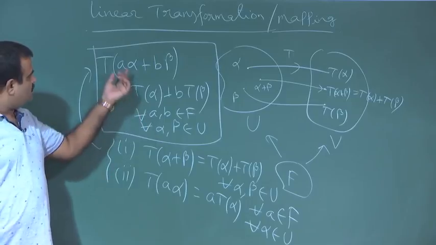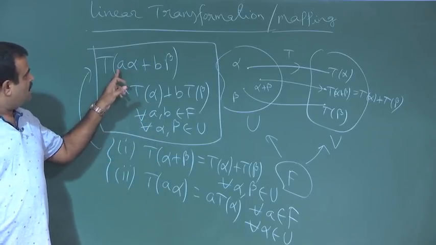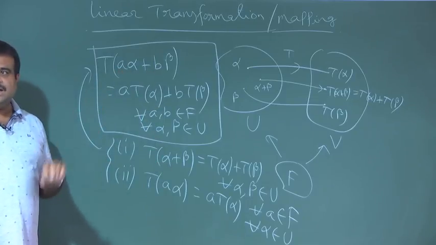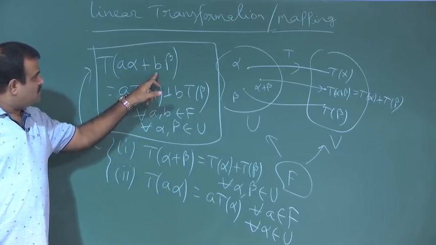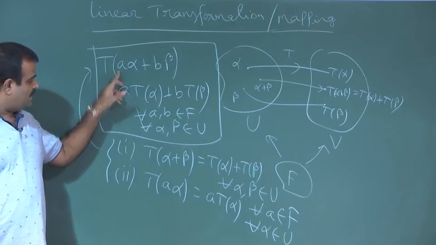We are just combining: for the first condition we take A and B to be the identity element from the field, and for the second condition we take B to be 0 and A is this.